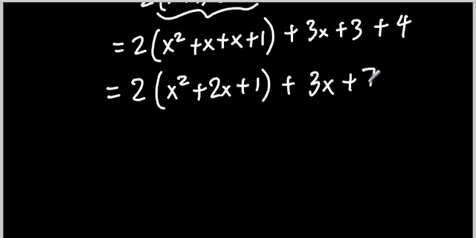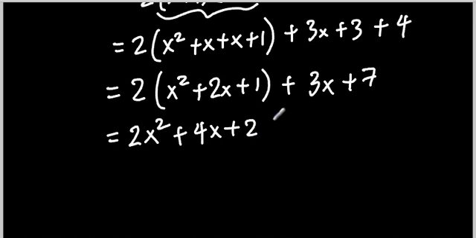Well, that's 7. Now what we're going to do is distribute the 2. So we're going to multiply each of these terms by 2. So it's 2x squared plus 4x, because 2 times 2x is 4x. And then 2 times 1, well, that's 2. And then let's not forget these. This is plus 3x plus 7.